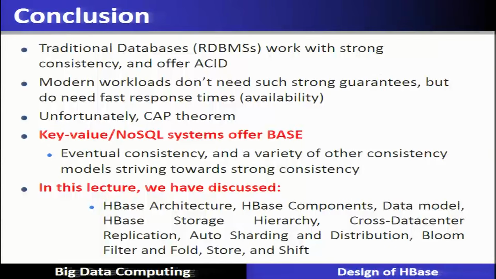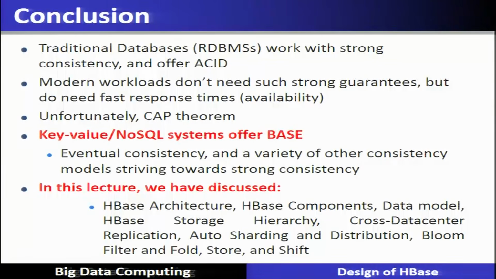Conclusion: traditional RDBMS databases work with strong consistency and offer the ACID properties, but modern workloads don't need such strong guarantees; they do need fast response time, that is, availability.